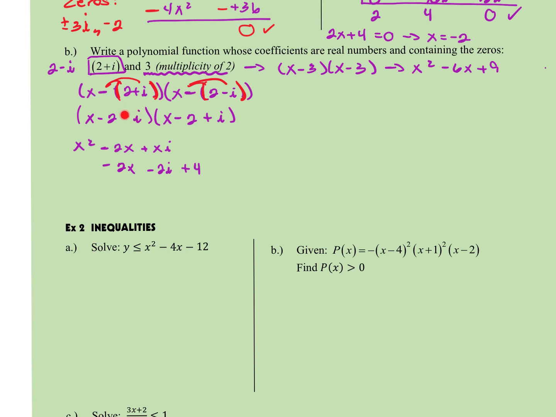The next thing that I'm going to do is distribute the i. So negative ix, which can also be negative xi if I want to match those up. Then a negative i to here, so that's going to be a positive 2i.